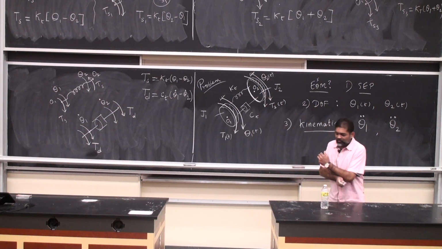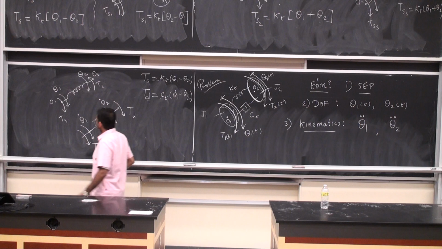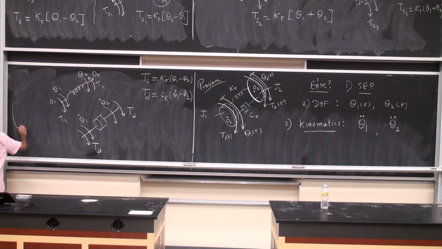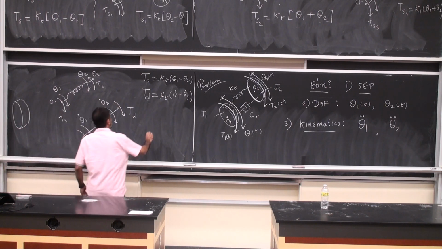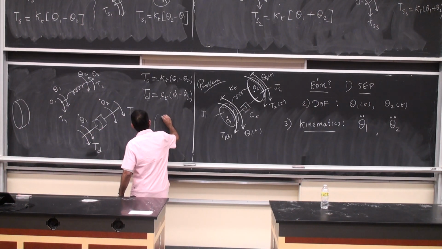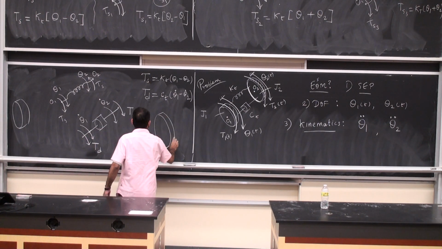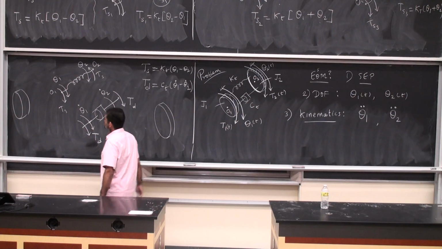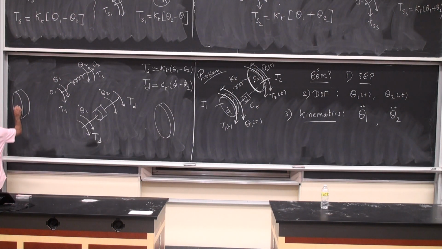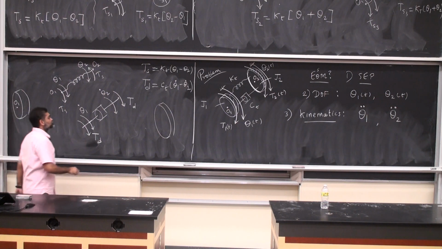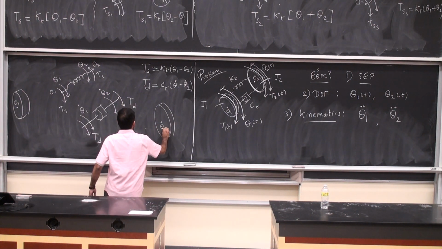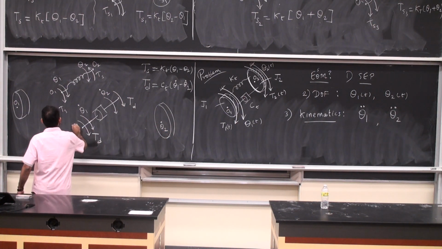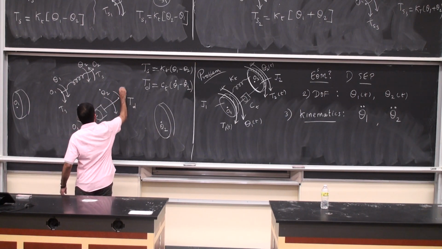Then I draw the two inertial elements. One here, the other here. This is O1, O2, O1, O2.